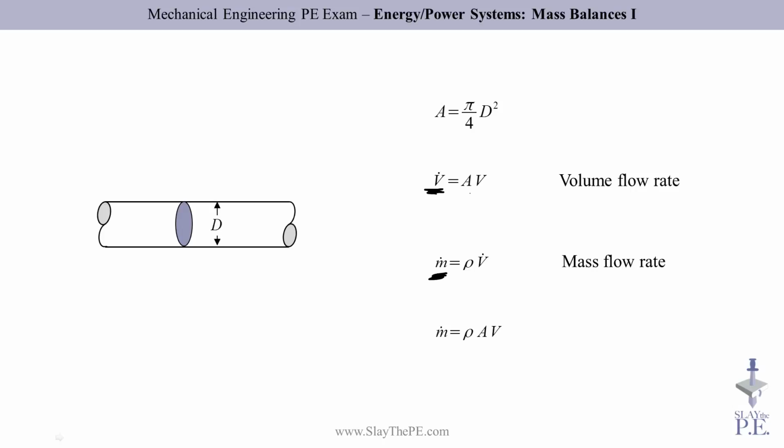The volume flow rate is given by the cross-sectional area times the average fluid velocity inside the pipe. It's interpreted as the volume of fluid that pierces the cross-section of the pipe per unit time. Therefore, its units are typically specified in volume per unit time.